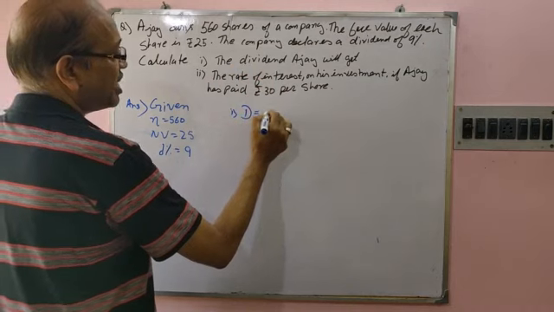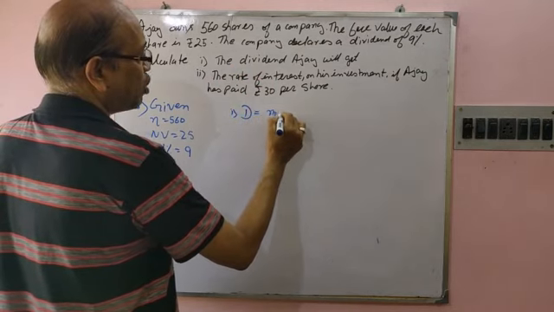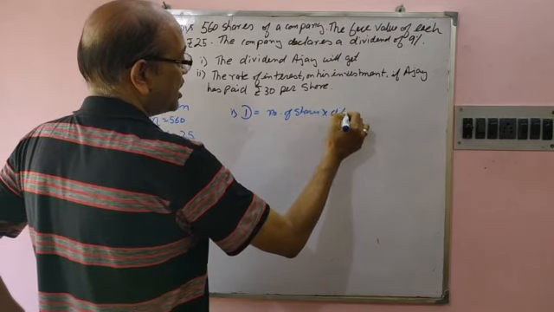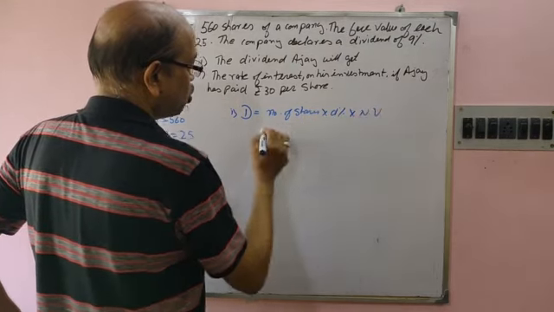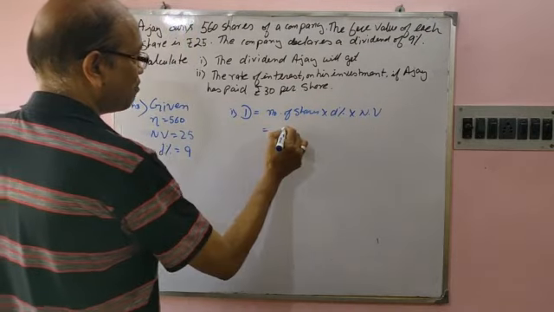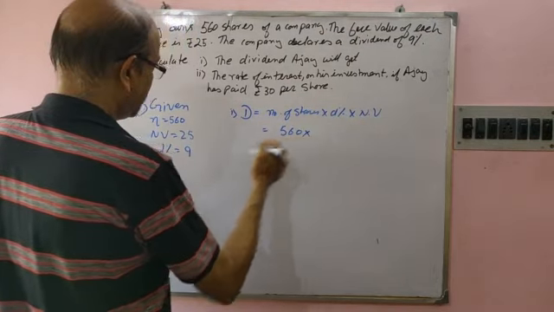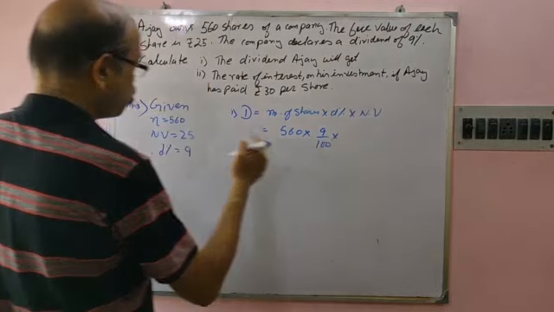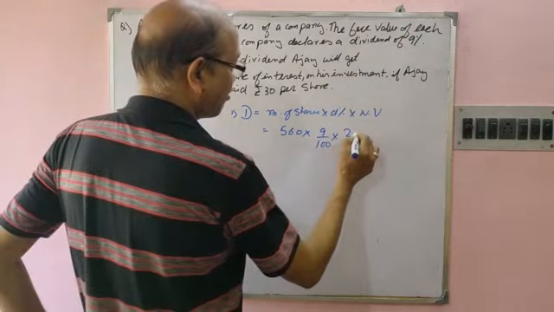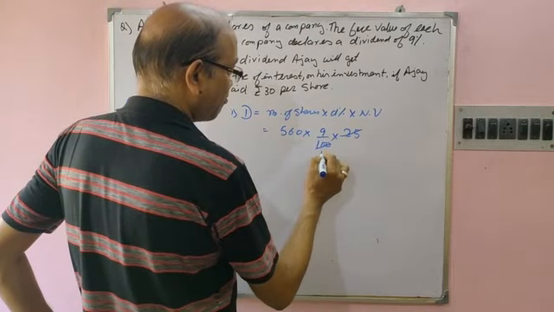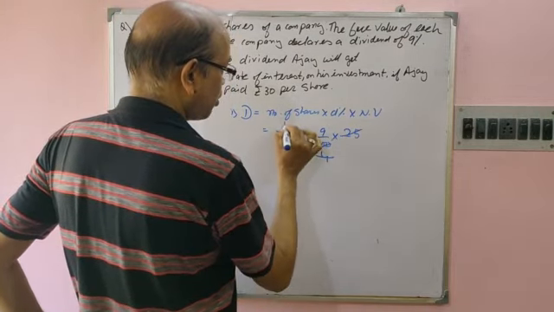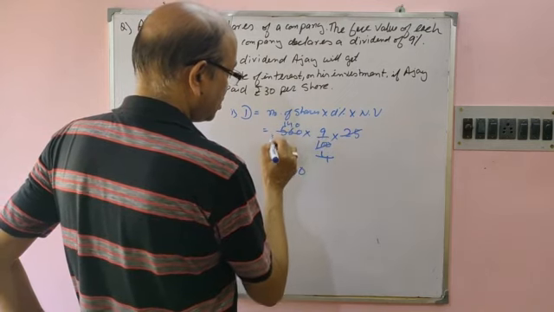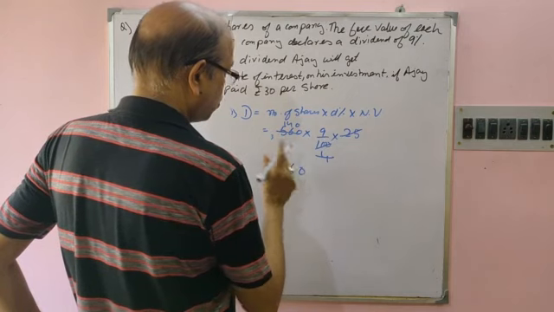What is dividend? Dividend is number of shares into D% into nominal value. So number of shares is 560. D% is 9 by 100 into nominal value 25. 25 ones, 25 fours, 140, 0, 9 fours are 36, 1260.